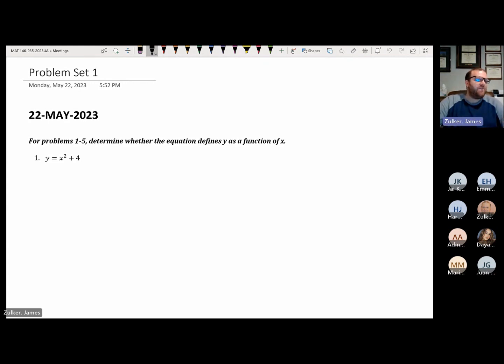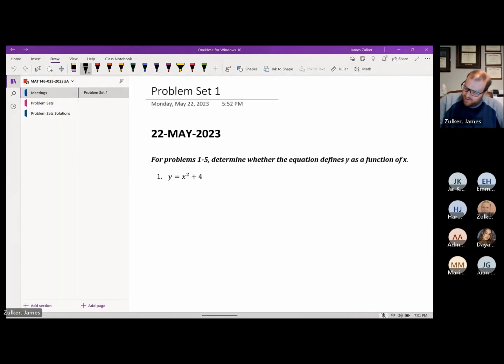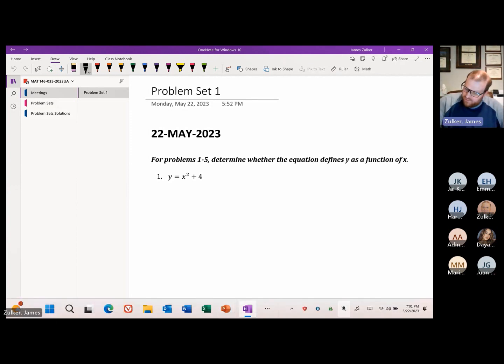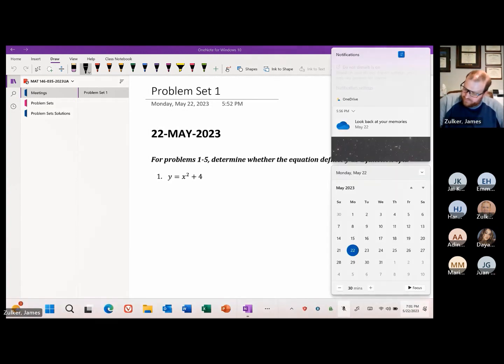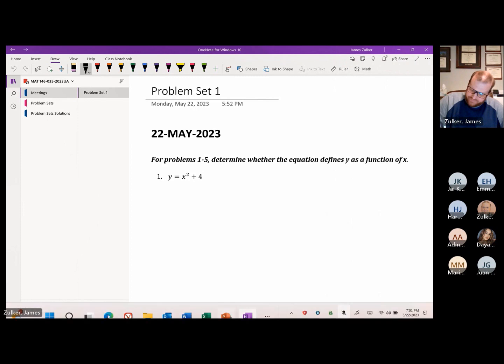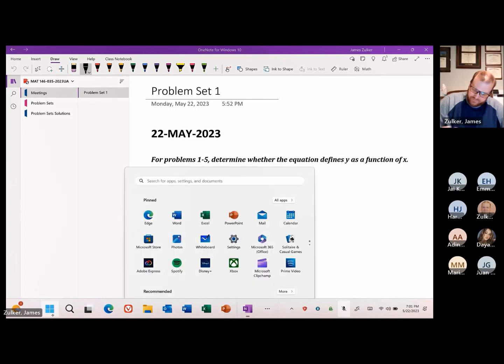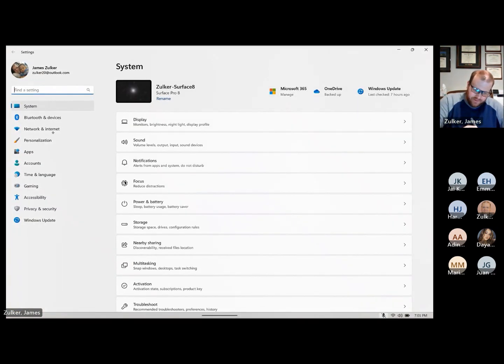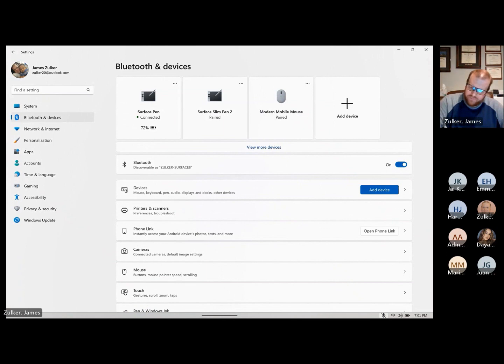Starting with what a function is. Uh-oh, what's going on? Ah, I know what. Says it's paired.